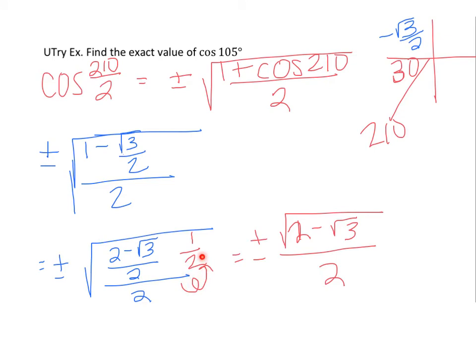Multiply by the reciprocal. Radical 2 minus radical 3 over 2. Plus or minus, we need to be determining this. Cosine of 105. 105 is in quadrant 2, where cosine is negative. So we can, it won't let me erase, but we only need the negative here.